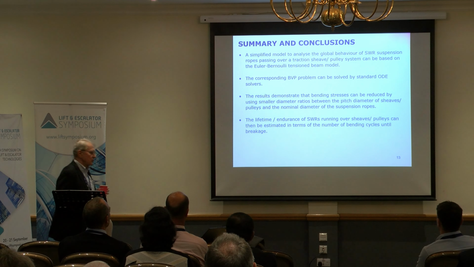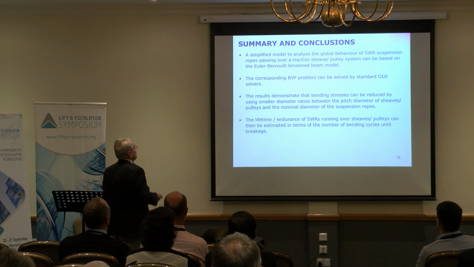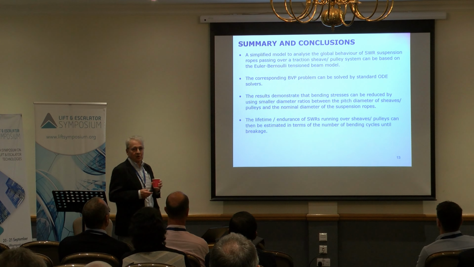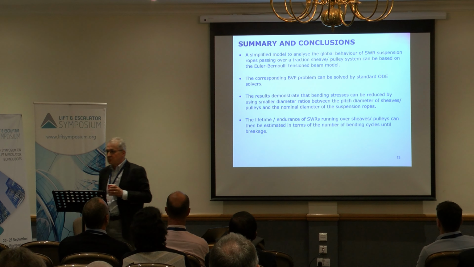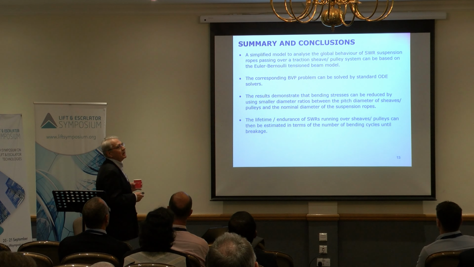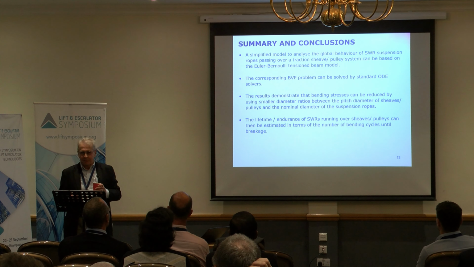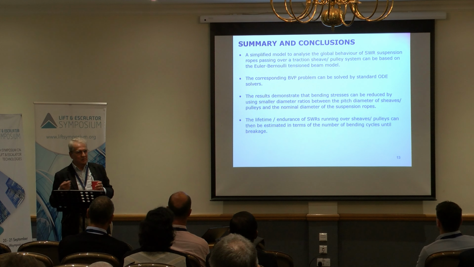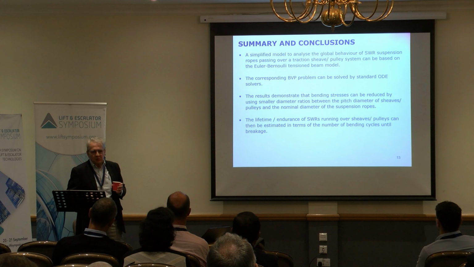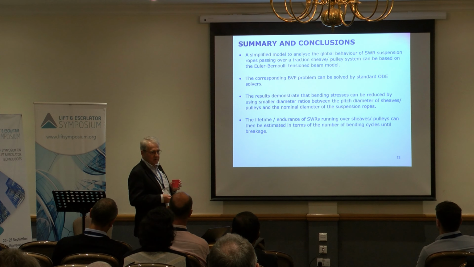This is a simplified model which can be used to determine global behavior of the rope when it is moving and passing over the sheaves. It is based on a classical Bernoulli beam model, which has been used for many years. So we don't go deep into very complex contact mechanics, which you can find in many books.